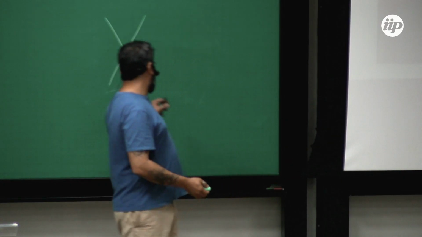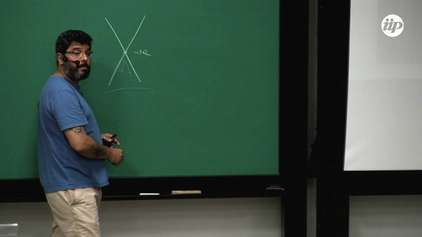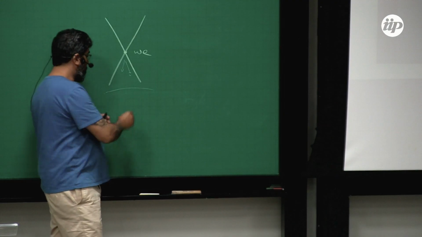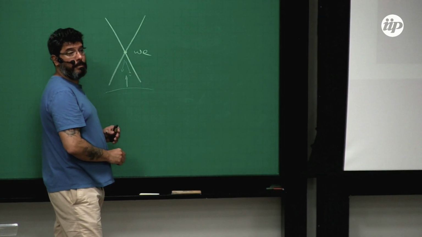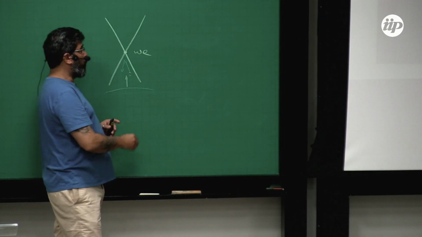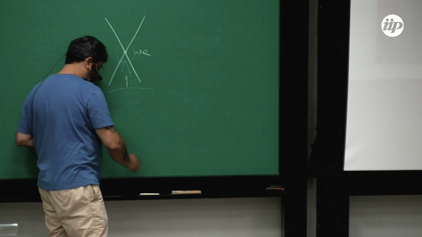If the universe is expanding, there is this horizon. But if it's accelerating, this horizon is getting closer to us. So the part of the universe that we see is contracting.